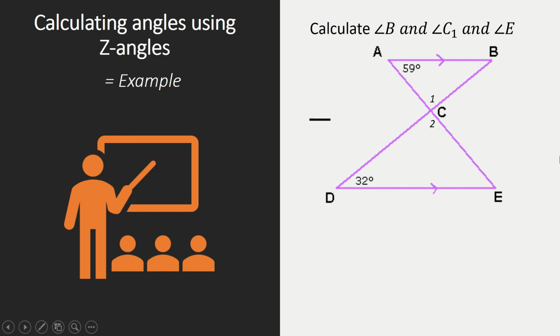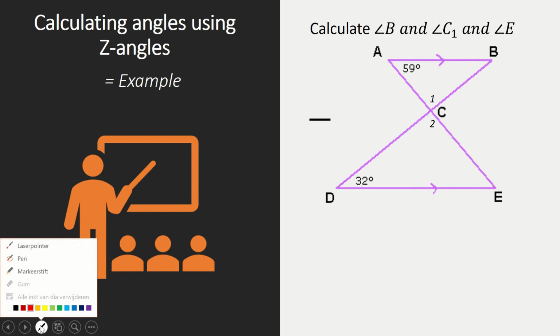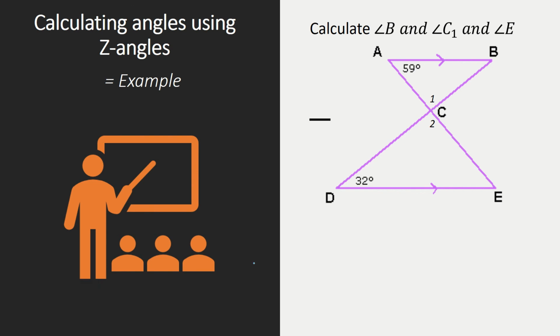We see that there are two parallel lines. So that means that we could have an F angle or a Z angle. And I can't see an F in this. So I think we need to use Z angles because I can see a Z like this.